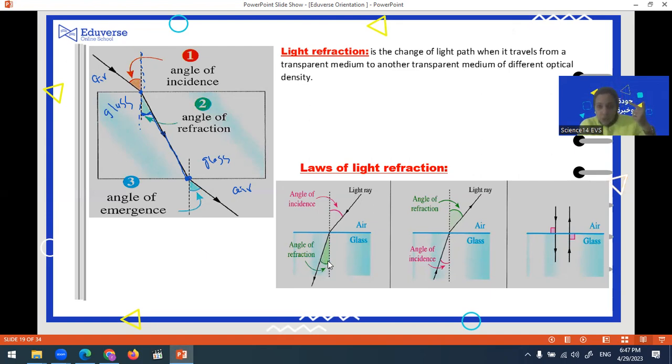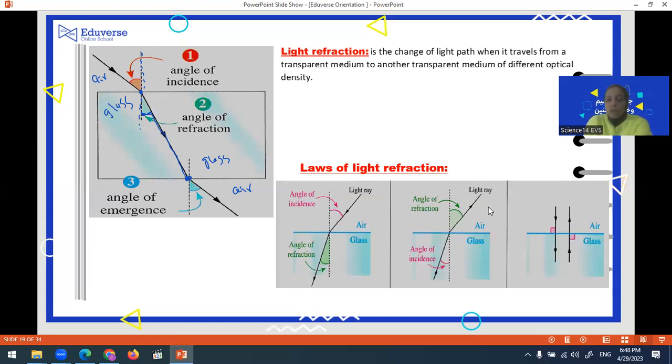I will go toward the normal. So the angle of refraction will be smaller than the angle of incidence. I will refract toward the normal, near to the normal.